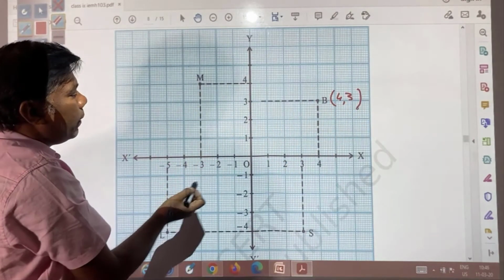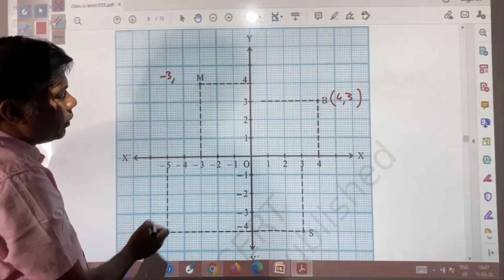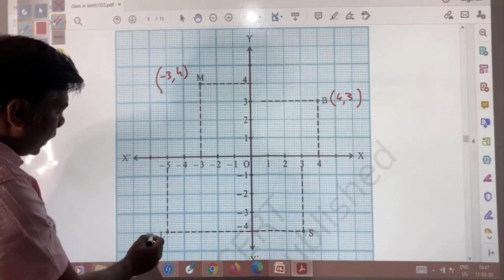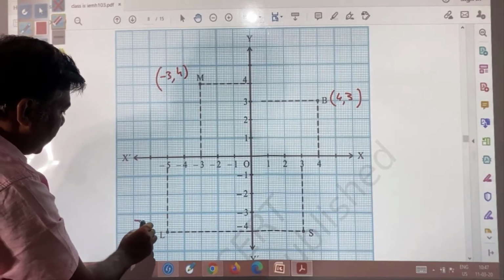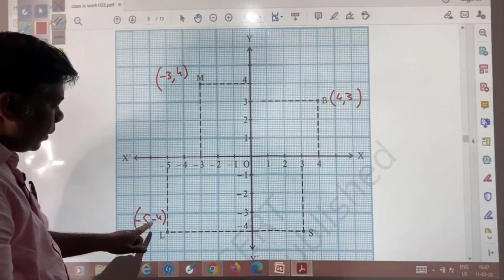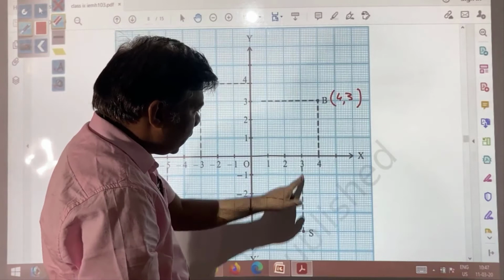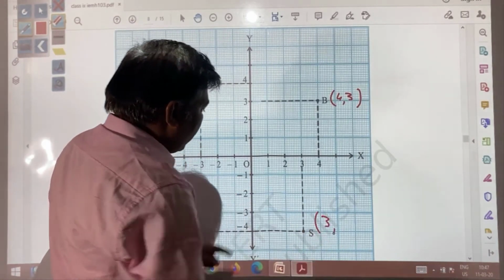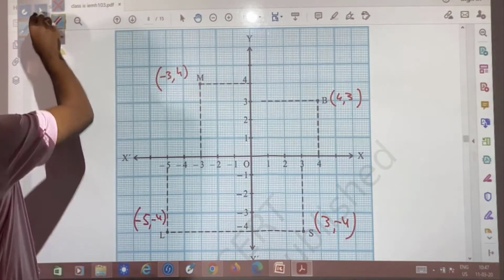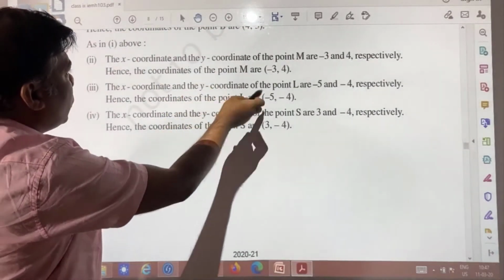In this case x will be minus 3, meaning abscissa is minus 3, and y is what? 4. Here you see L. Here you have x minus 5 and y minus 4. Abscissa is minus 5, ordinate is minus 4. Here you have S. Here you see x is 3 and y is minus 4. So this solution has been given. So I hope you understood.